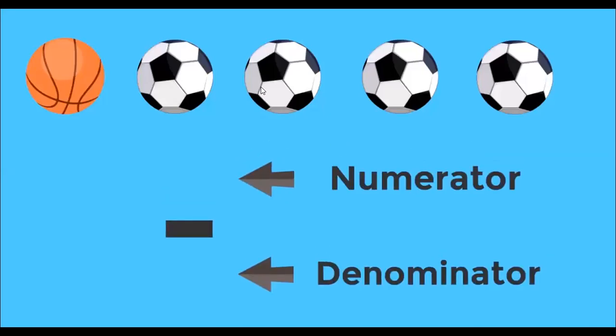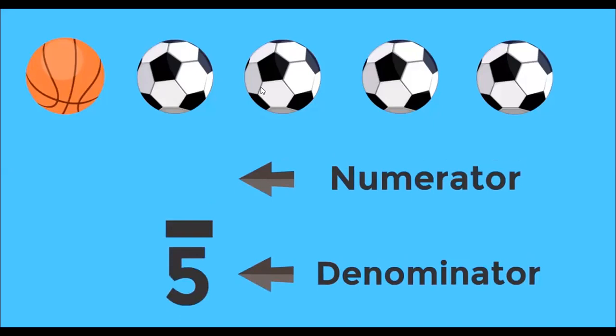So we know a fraction has a line in the middle, and the top number is the numerator, and the bottom number is the denominator. The denominator shows us the total number of parts or units. How many sports balls are there? Yeah, 5. 5 is the denominator. Good job.